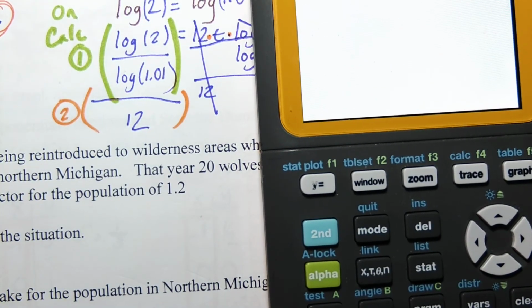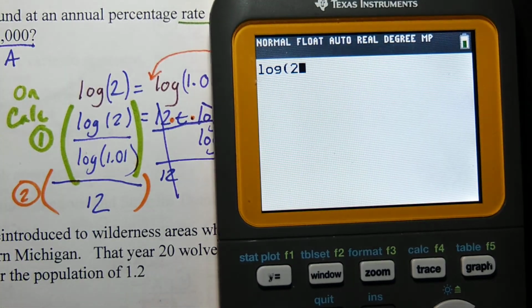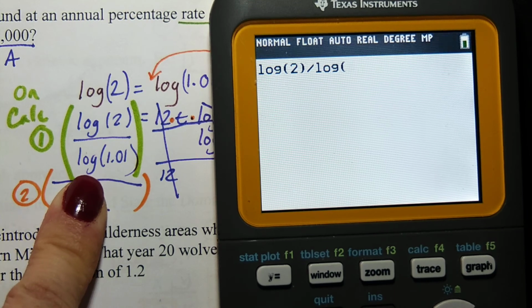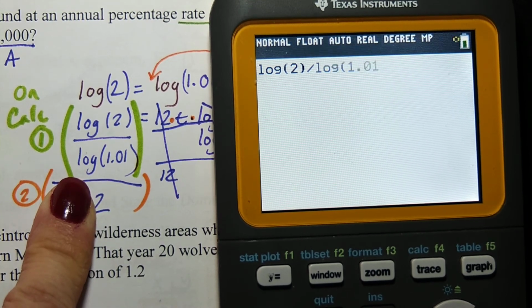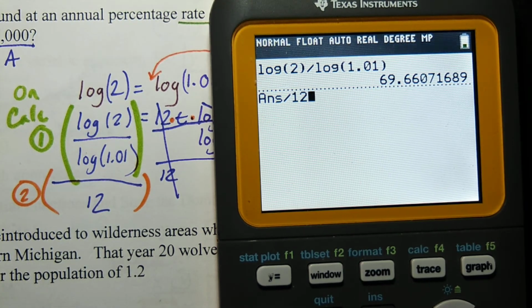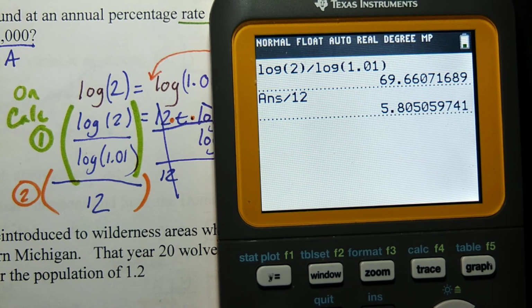So calculator time, log 2, close the parentheses, divided by log 1.01, close the parentheses, enter. Gross, we're not going to do any intermediate rounding. We're going to hit divided by, and that puts the stored value in, and divide it by 12.